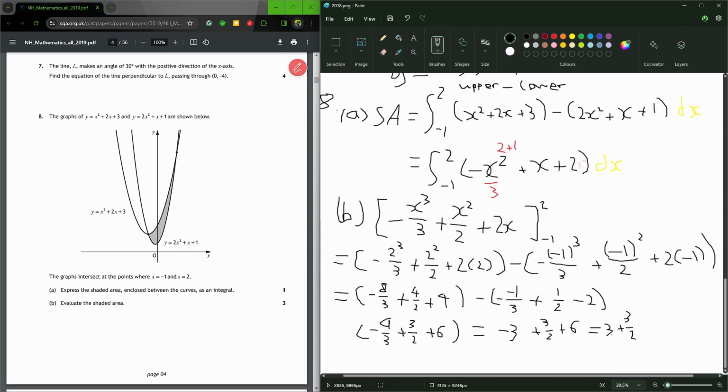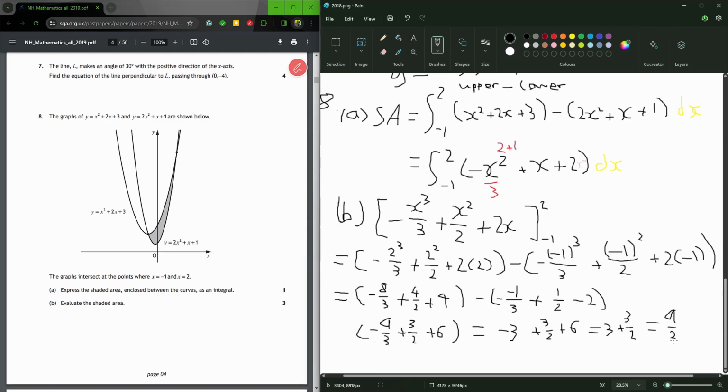If you want to think in decimals, it's 3 plus 1.5, so we could write it as 4.5, but the SQA do love their fractions. So I'll convert 3 into a fraction. We'll times that by 2 because we want to get it to the 2 term. So it'll be 6 plus 3. So eventually we'll get 9 over 2.